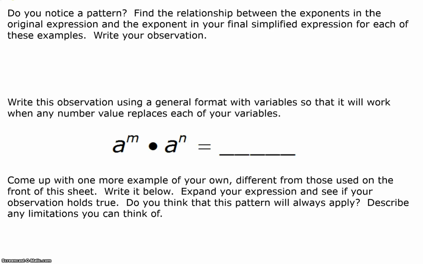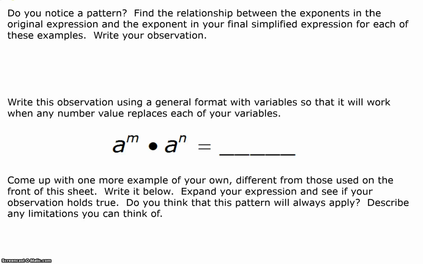Okay, so if you flip to the back page of part 1, you'll see 3 questions. Do you notice a pattern? Find the relationship between the exponents in the original expression and the exponent in your final simplified expression for each of these examples. Write your observation.